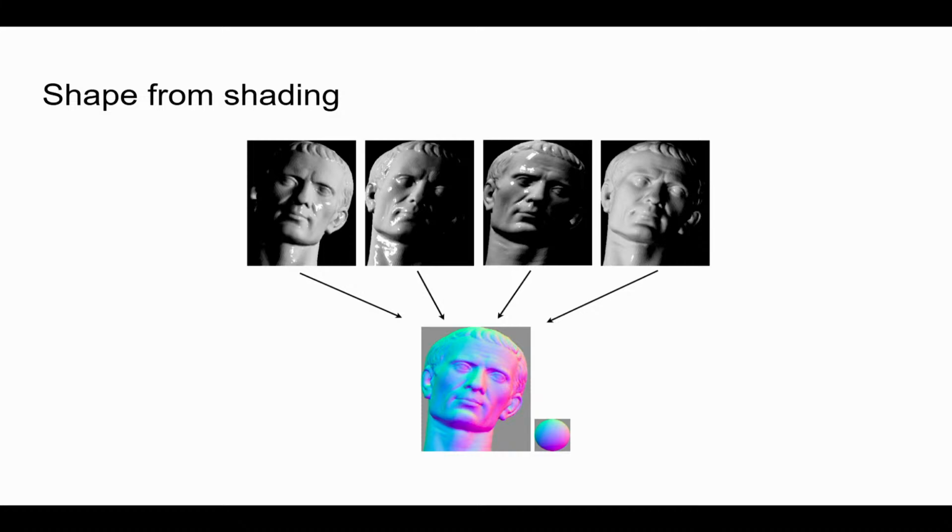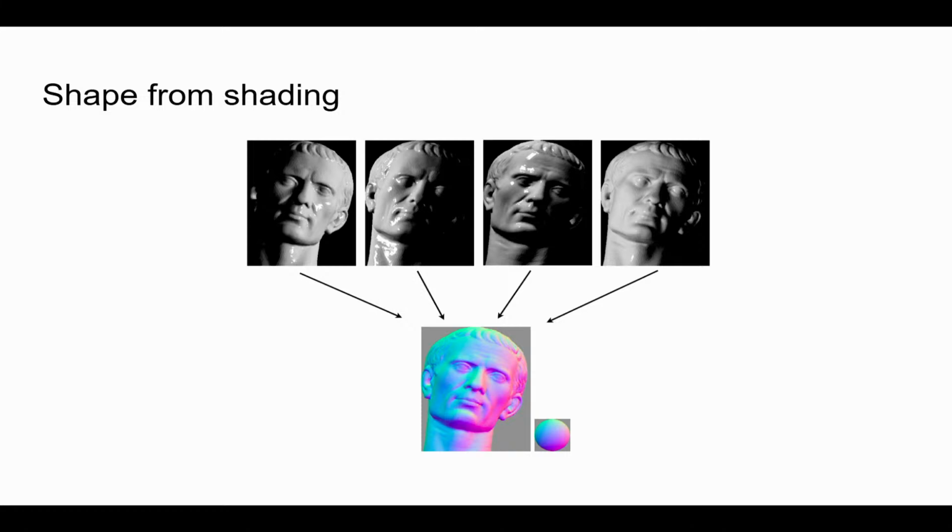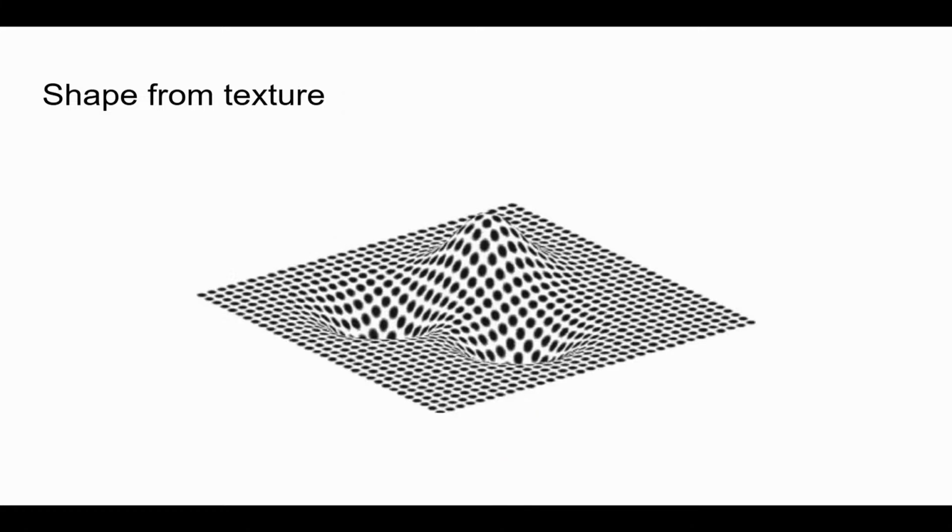Yeah, no neural networks, nothing, just simple math, just understanding how a surface reflects light if you shine the light from different points. By the way, definitely we as humans use that information.